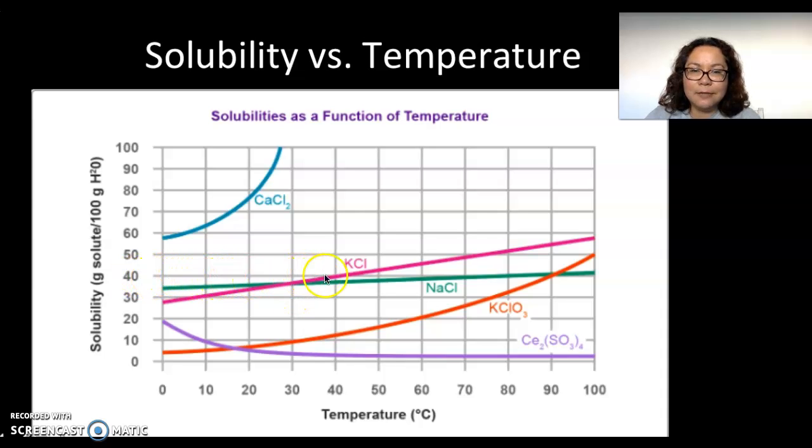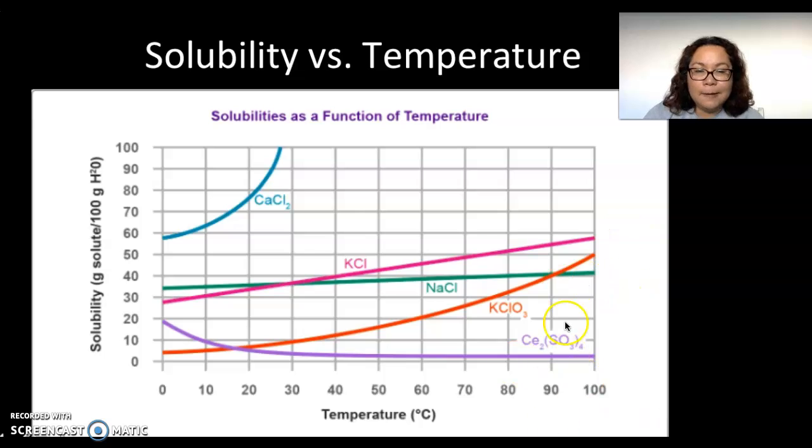You can only dissolve 40 grams of this potassium chlorate at 90 degrees. Now, say you are given 60 grams of potassium chlorate, but you know that only 40 grams of that will dissolve at 90 degrees. You're going to have a leftover of 20 grams that will not dissolve. The only way for the excess 20 grams to dissolve is if you increase the temperature.